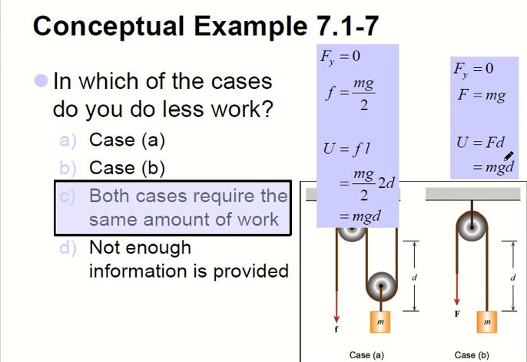This is a single pulley, so it's the same thing. Your F going down is what you pull up, so therefore F is mg. W is equal to Fd. Okay, so therefore you get mgd for magnitude. You know, work doesn't have direction. So even though it's going on the Fy axis, it's the same thing.